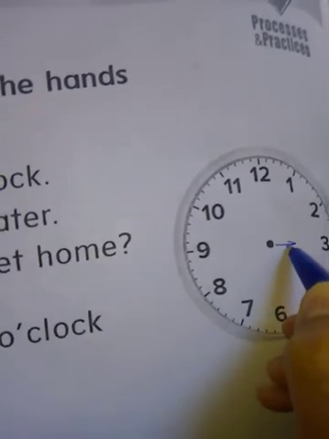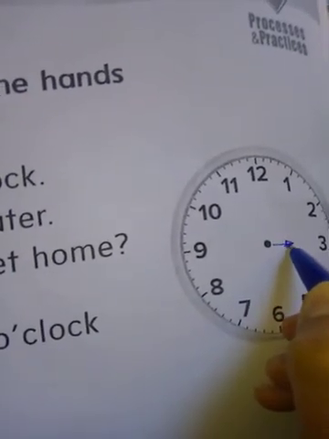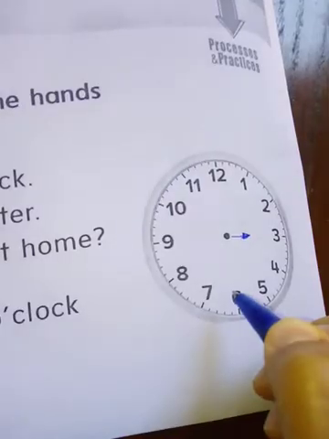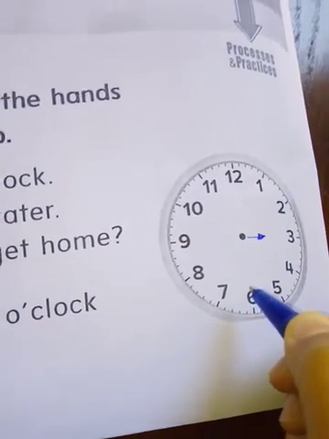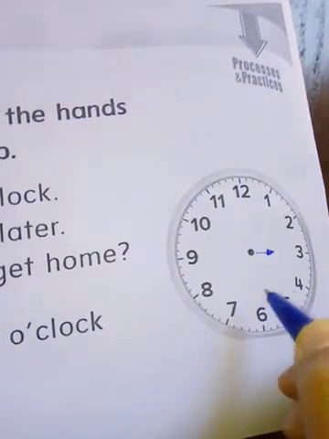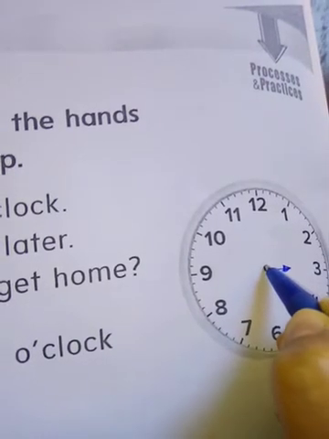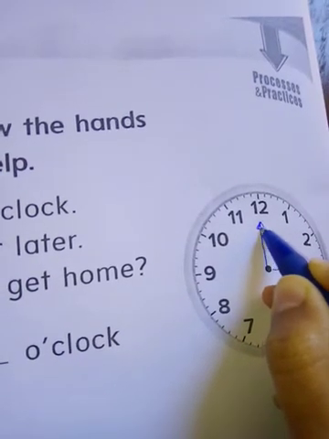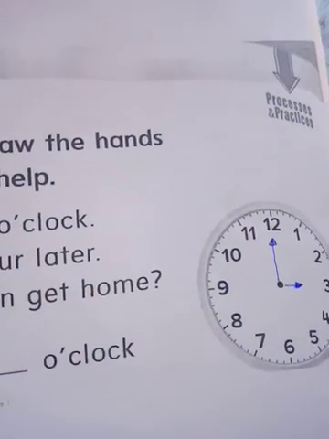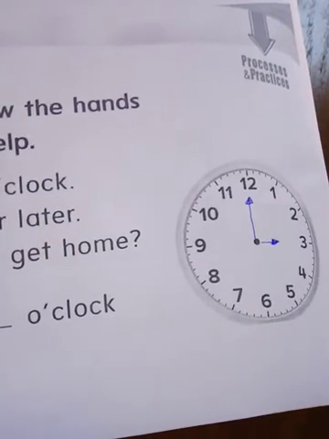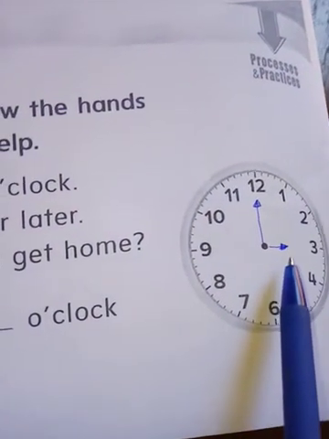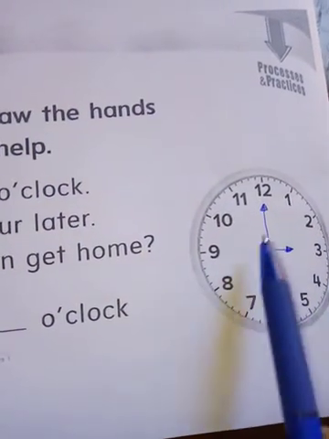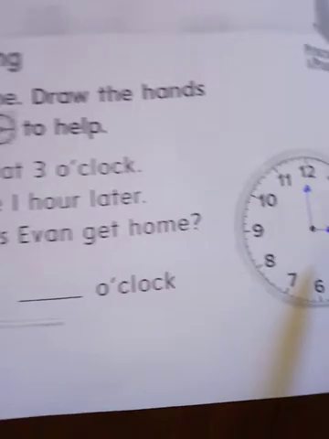The long one, the minute hand, will point at 12. So we'll draw here the long one. The hour hand points at 3 and the minute hand points at 12. So it's called 3 o'clock.